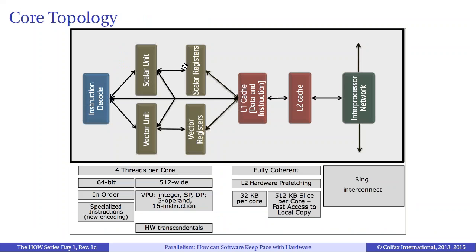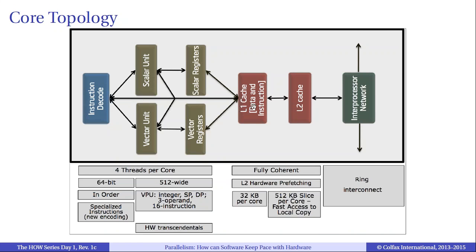Another diagram that I wanted to show, once again, is not for amusement, but as a reminder to programmers on the importance of optimization. This is one of the cores. So Xeon Phi has up to 61 active cores, and this is one of them. It is connected to this interprocessor network, core ring interconnect. It has its own slice of the level 2 cache, and the slice is private to each core, but the aggregate of all the level 2 caches is kept coherent by hardware.